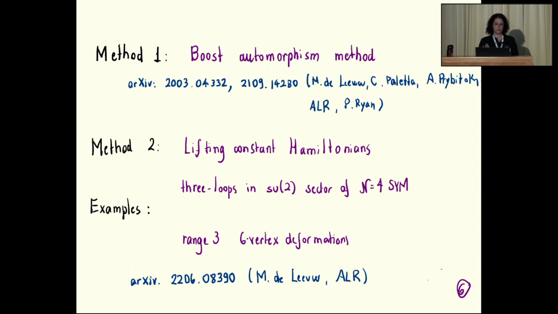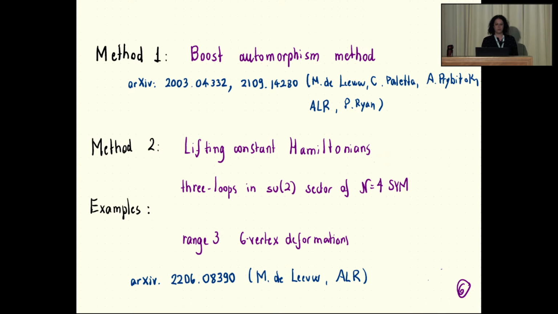The talk is divided mainly in two parts, like the two methods we will use. The first is this boost automorphism method. This is about a few projects with Marius, Chiara, Anton, and Paul at Trinity. It can be applied for nearest neighbor spin chains.